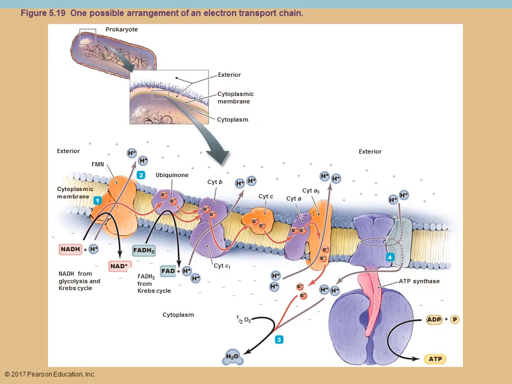So you're making this gradient now where you have more hydrogen ions on the outside of the cell. So greater concentration outside, low concentration inside.